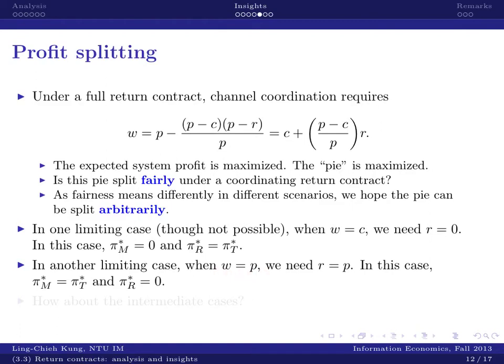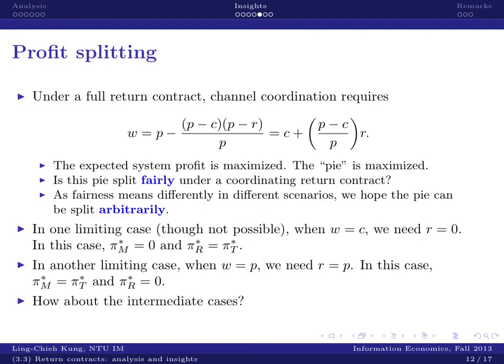Because the wholesale price is so large, even if you sell one item to the consumer, you earn nothing. And also, you are allowed to return anything you buy at the original price, so you are, in some sense, doing nothing. And the whole pie is taken by the manufacturer.